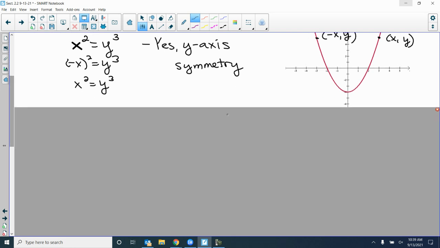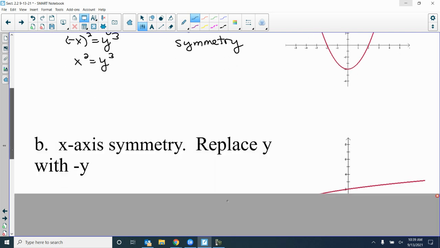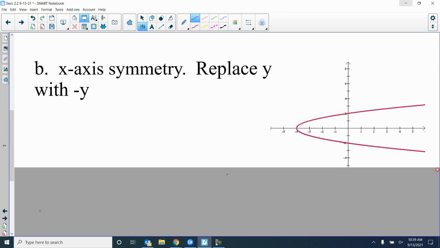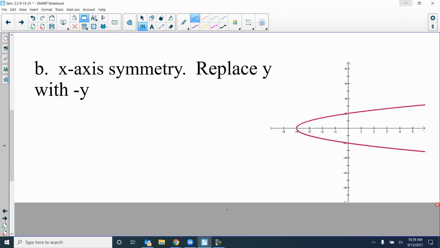Okay, let's keep moving down the line. What about x-axis symmetry? If something has x-axis symmetry, if you negate the y, you still get the same answer. So here's how we test it algebraically. You take the y out and you plug in negative y. So x squared equals y cubed is the original.